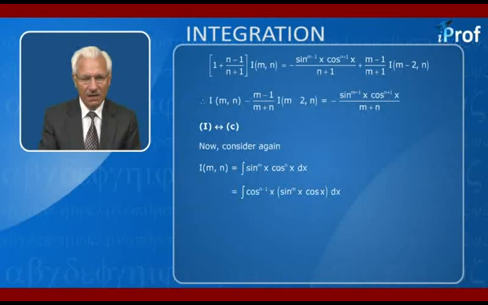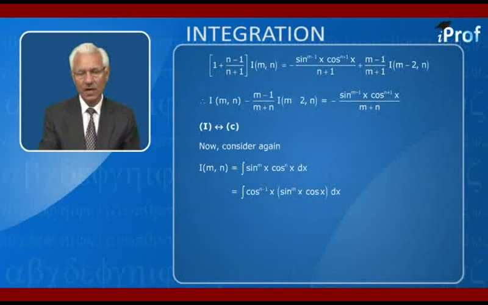Now consider again Imn as integral sin raised to power mx cos raised to power nx dx equal to integral of cos raised to power n minus 1 x into sin raised to power mx into cos x dx.